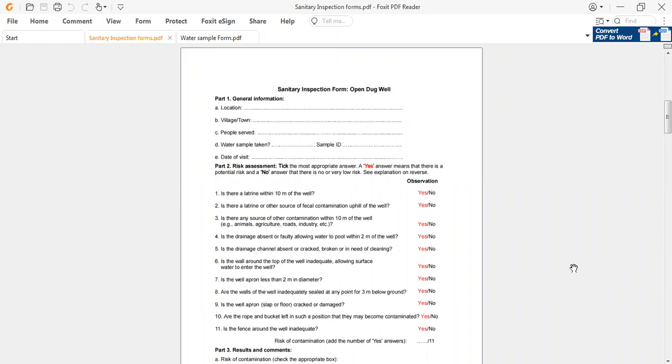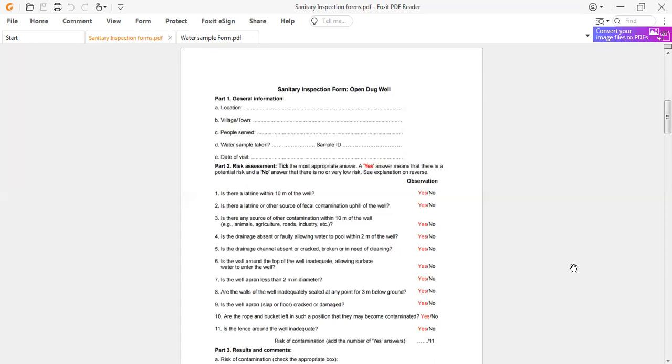Question 2 says, is there a latrine or other source of fecal contamination uphill of the well? This one is different from the previous one because, for instance, the latrine can be located maybe 20 meters away from the well, on a hilltop. Normally, we know water follows the force of gravity, which means it will flow from up and go down.